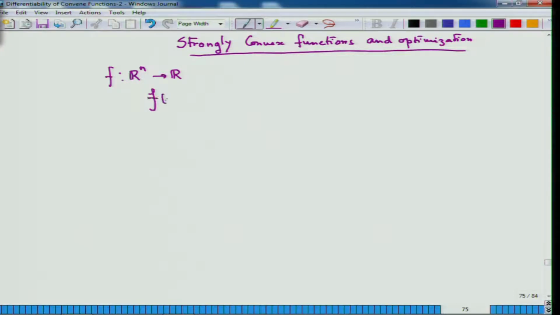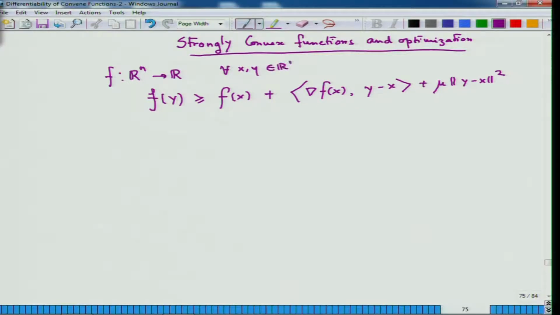So, for any x, y, if the function is differentiable, then this is the definition of strong convexity, for all x, y in Rn. Try it out with x squared, where mu greater than 0 is called the modulus of strong convexity.